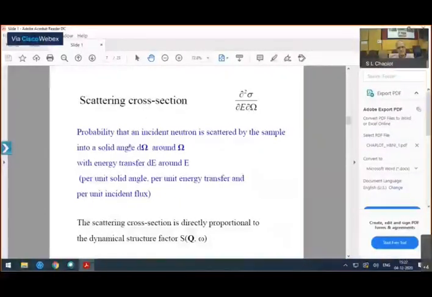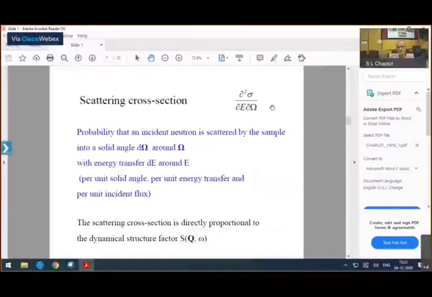Formally one can say that it is the probability that an incident neutron is scattered by the sample into a solid angle d omega around omega with energy transfer dE around E. And this can be numerically written in terms of per unit solid angle, per unit energy transfer, per unit incident flux, and so on.